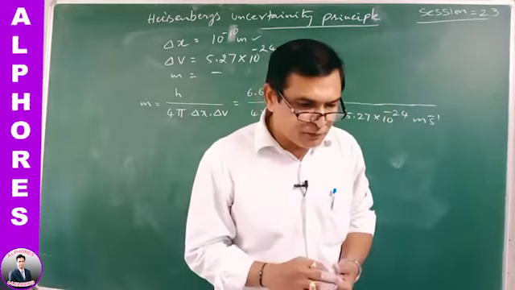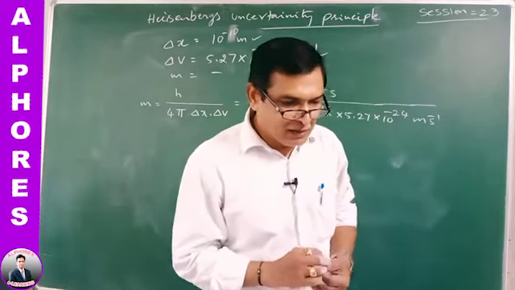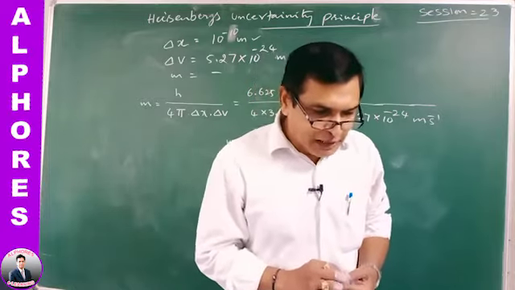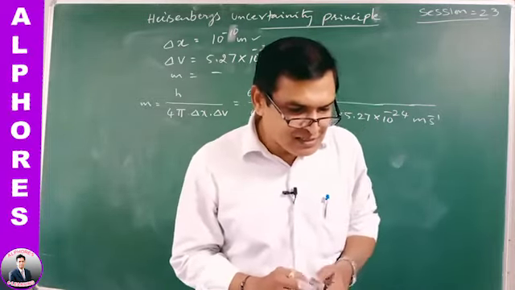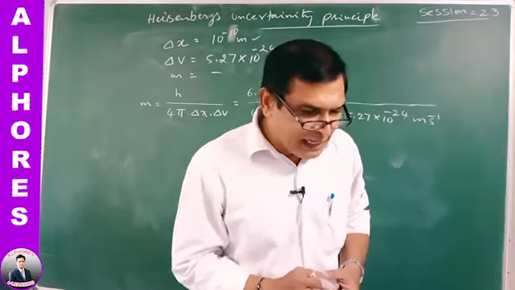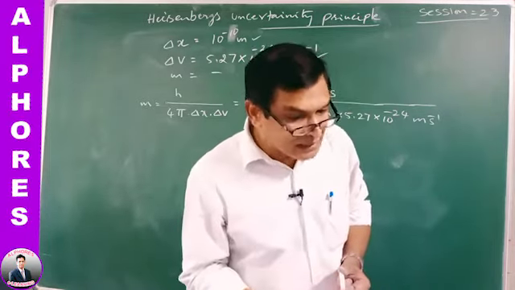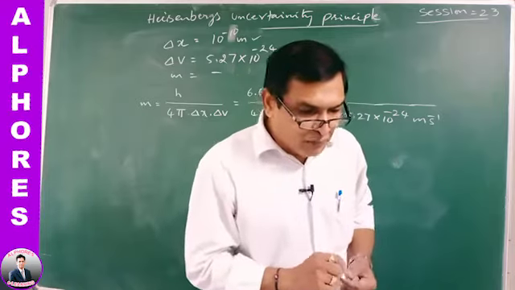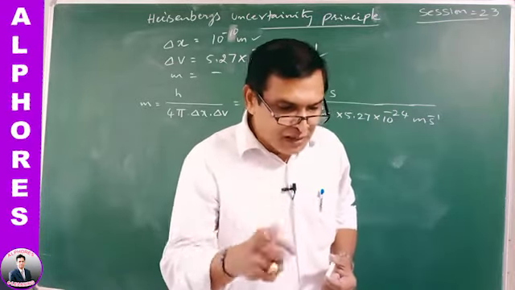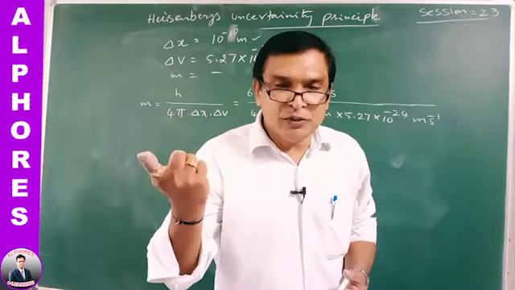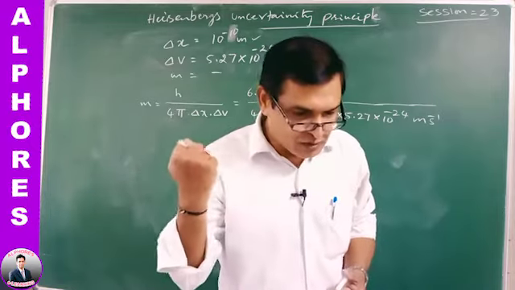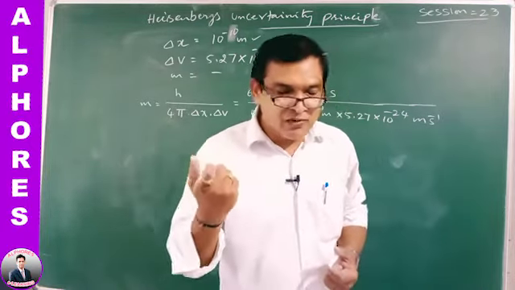Calculate the product of uncertainties of displacement and velocity of a moving electron having mass 9.1 into 10 to the power minus 28 grams. Mass of the electron is given in grams.